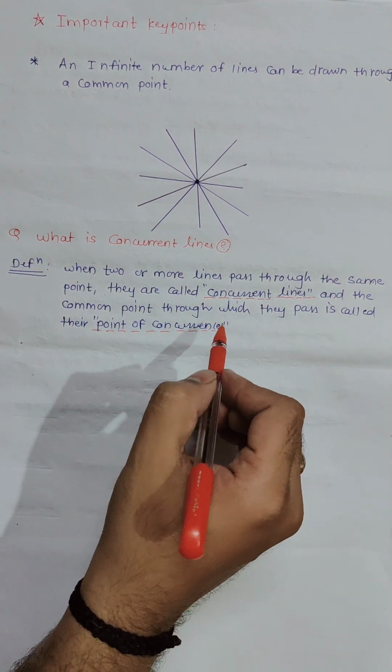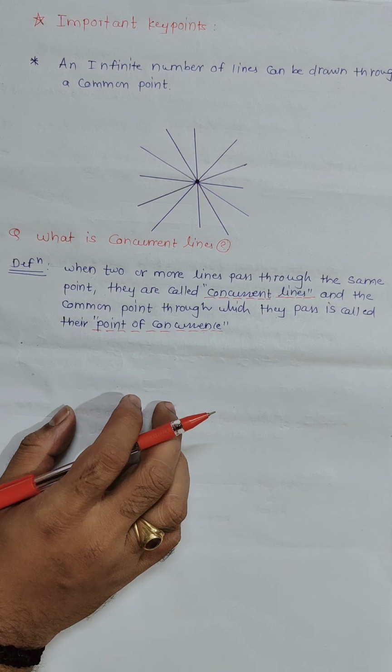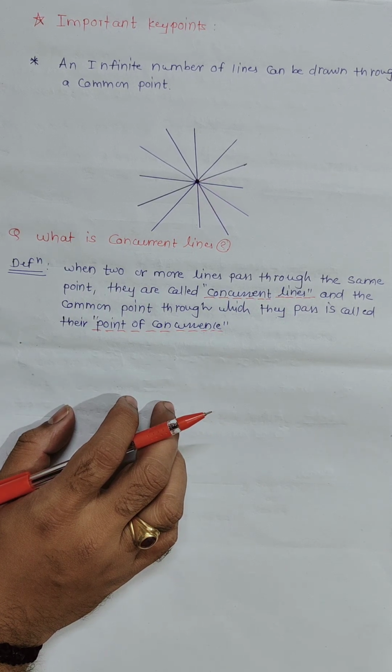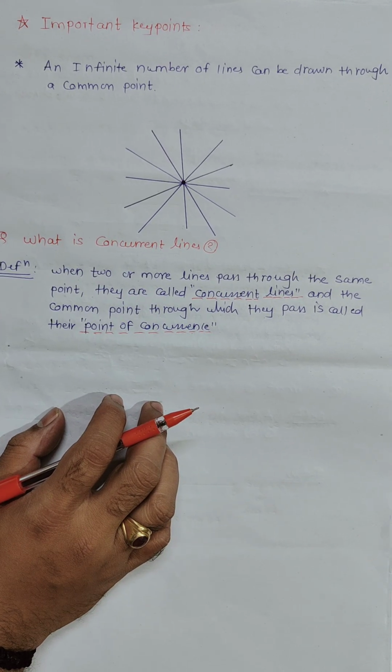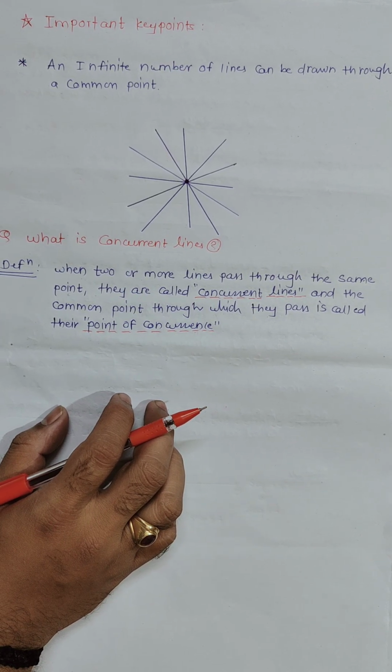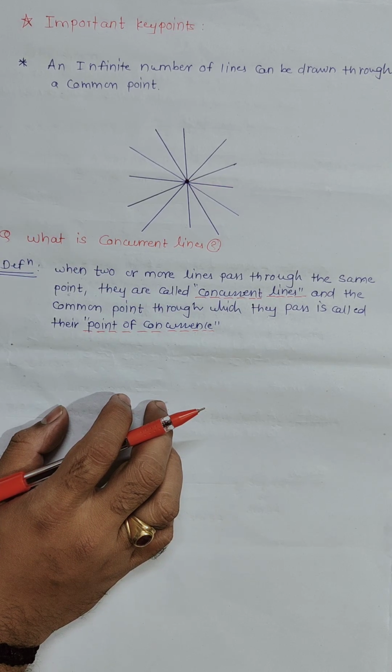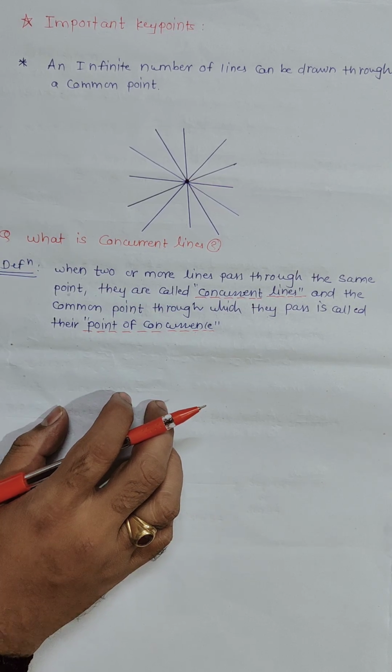Underline the words concurrent lines and point of concurrence. Very important part as we are concerned. Clear?